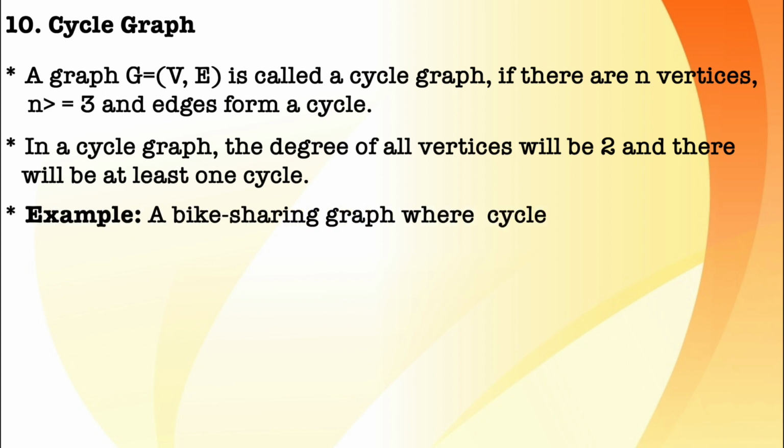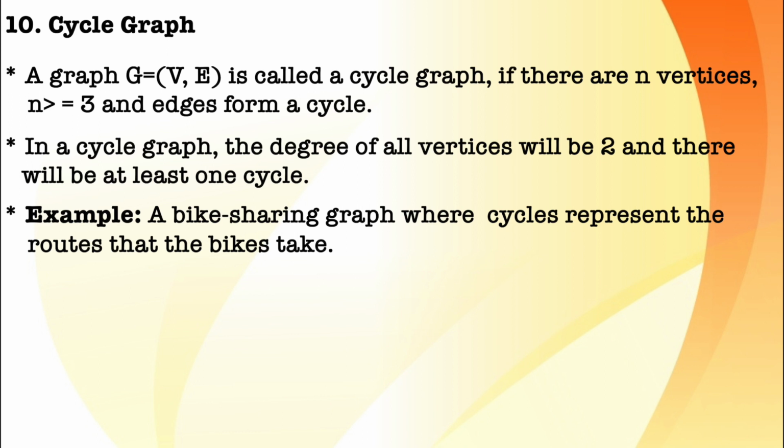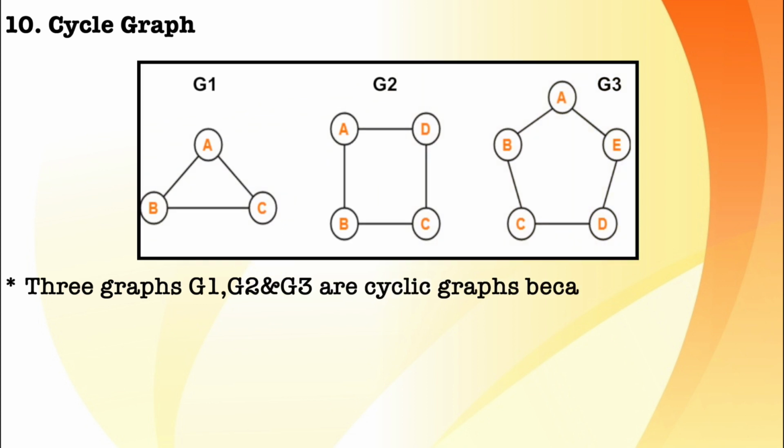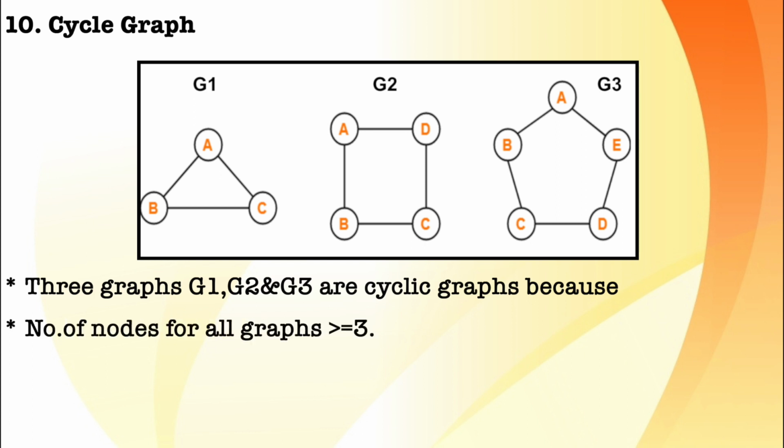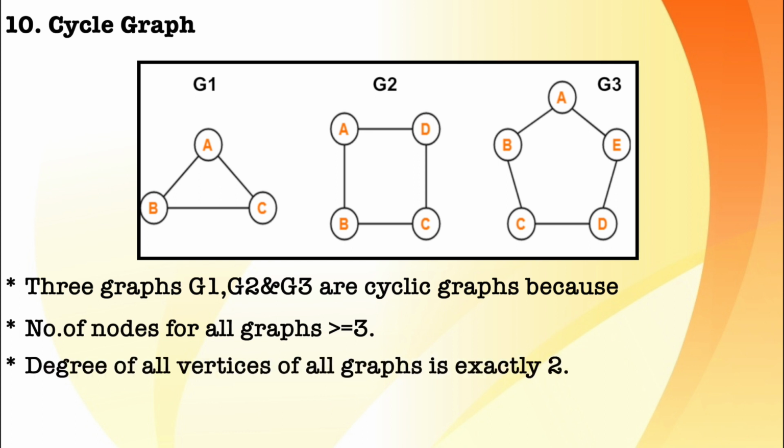For example, a bike sharing graph where cycles represent the routes that the bikes take. In the graphs shown, G1, G2, G3 are all cycle graphs as the number of nodes for all graphs is greater than or equal to 3 and the degree of all vertices of the graph is exactly 2.